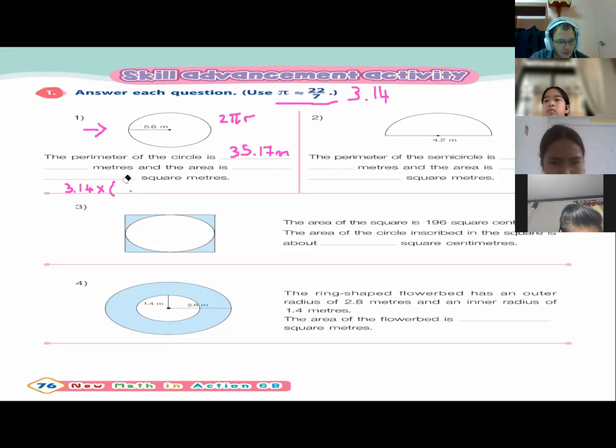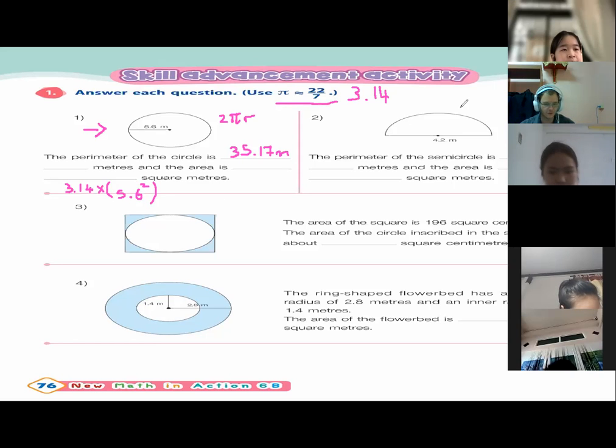Multiply by 5.6 squared. So 5.6 squared is 5.6 multiplied by 5.6. What do you think the answer is there? Let's calculate it. Let's see who can be the first one to give me the answer over here.